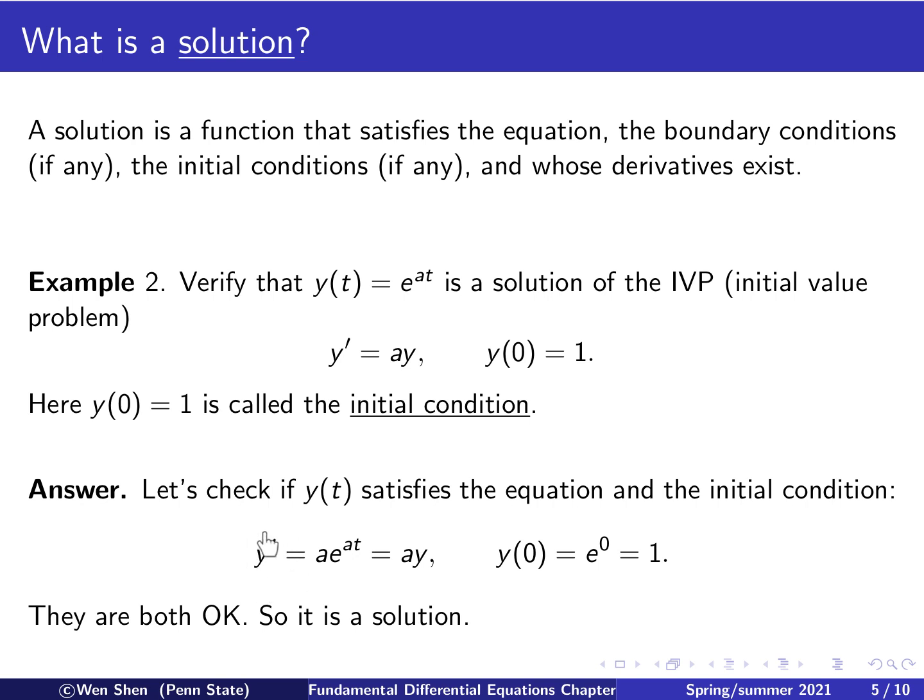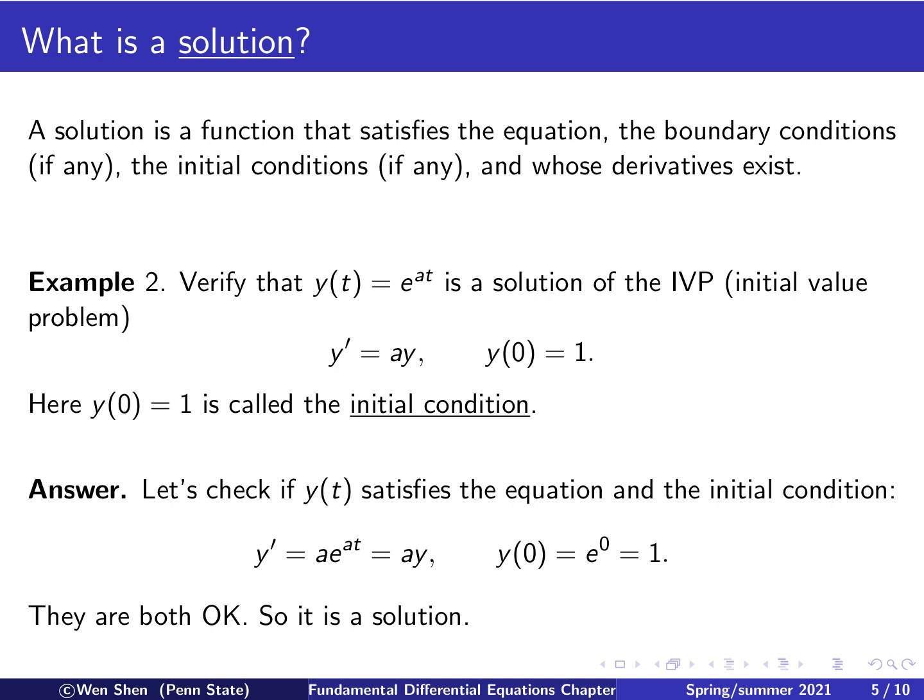If you differentiate y prime, e to the at, what you get is, the exponential function keeps the exponential function, and then you get an a in front. So it's a times e to the at. And then here you recognize e to the at is just y. So this is a times y. So we see this function satisfies the equation.